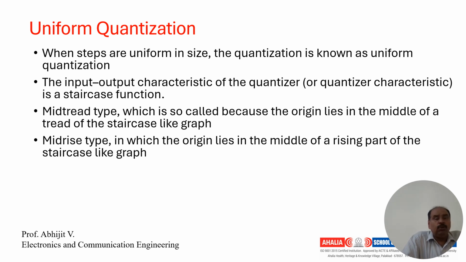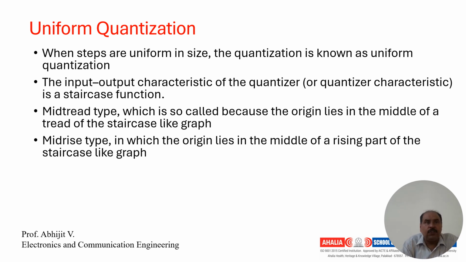Write down what is uniform quantization. If the steps are uniform in size, the quantization is known as uniform quantization. The input and output characteristics of a quantizer look like a staircase.